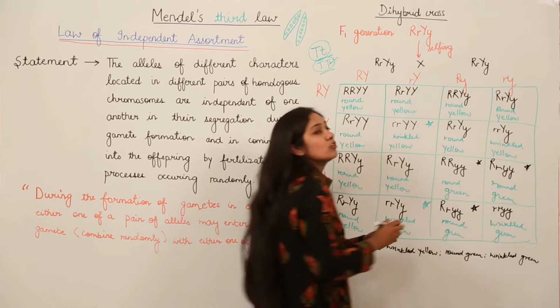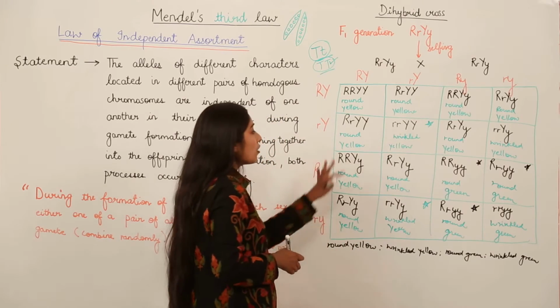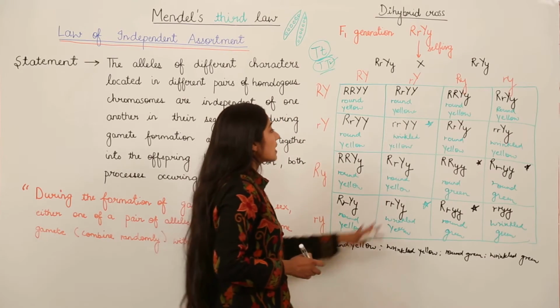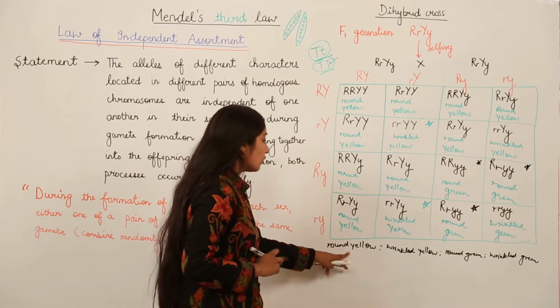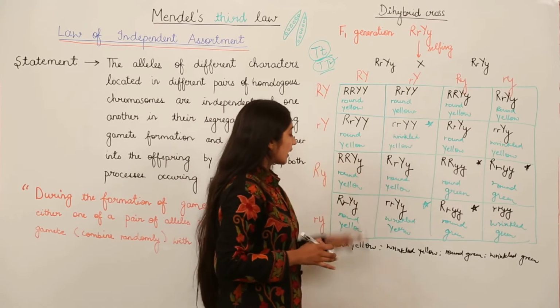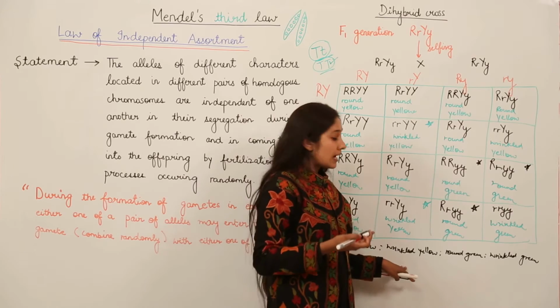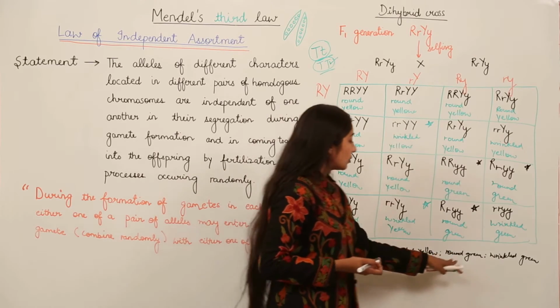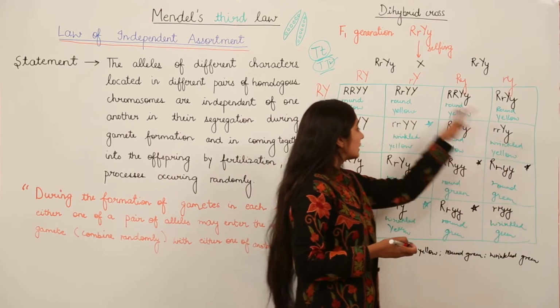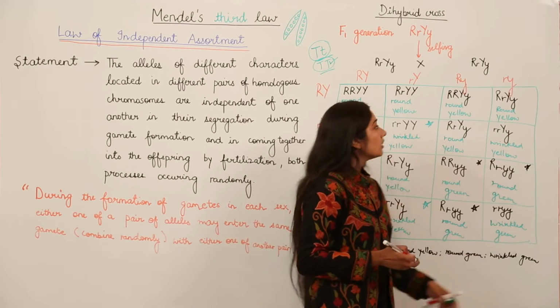So what is the phenotypic ratio over here? From outer appearance, how many plants out of these 16 are going to be round yellow? How many wrinkled yellow? How many round green? And how many wrinkled green? So let's see.